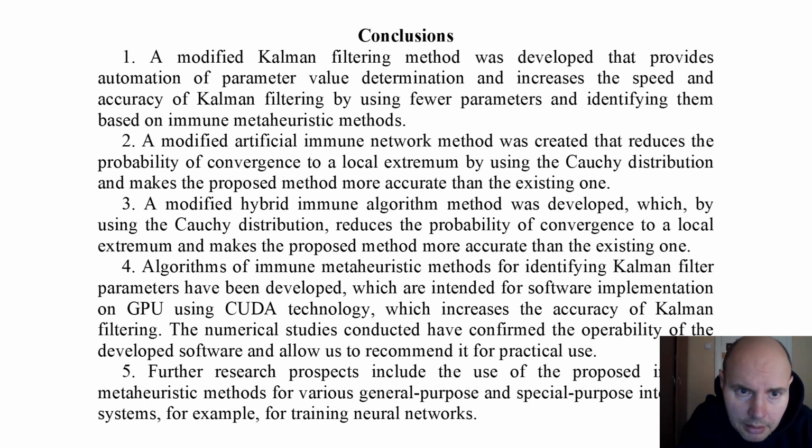A modified artificial immune network method was created that reduces the probability of convergence to a local extremum by using the cache distribution and makes the proposed method more accurate than the existing one. A modified hybrid immune algorithm method was developed, which by using the cache distribution reduces the probability of convergence to a local extremum and makes the proposed method more accurate than the existing one.